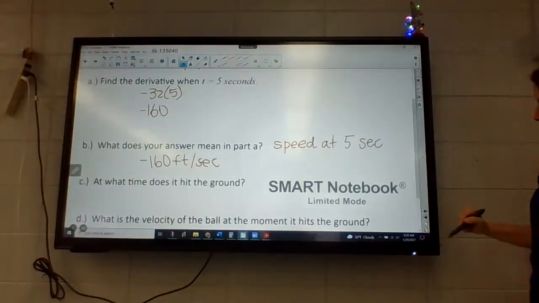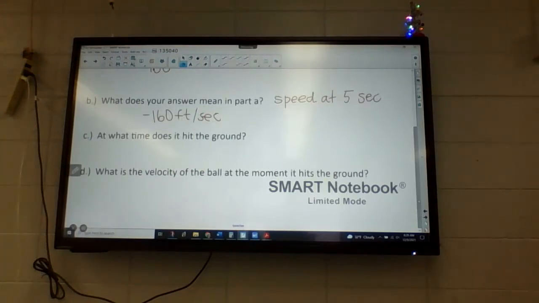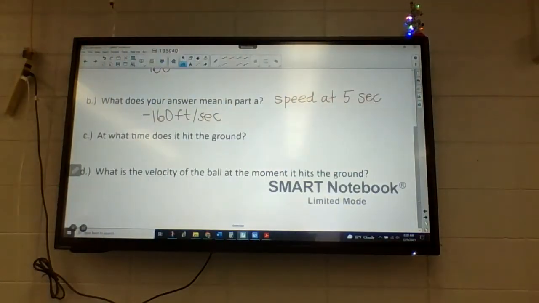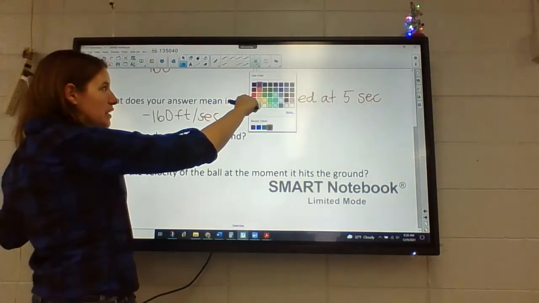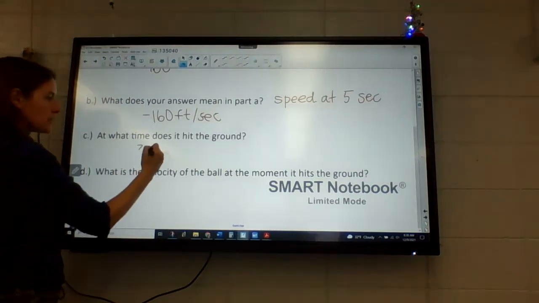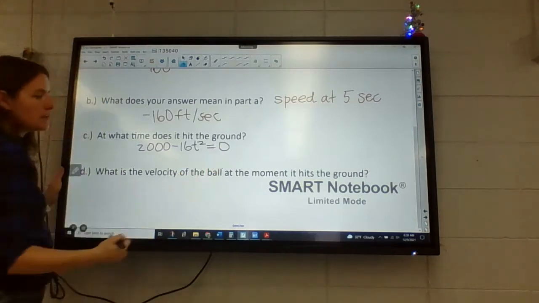All right, so it says, at what time does it hit the ground? This kind of goes back to what Maria said. She said it was the height. We want to know when it's going to hit the ground. Do you set the equation equal to 0? Yeah, we're going to set the original equation equal to 0 to figure out when it's going to hit the ground. So the 2,000 minus 16t squared, we want to know when that's going to be 0.